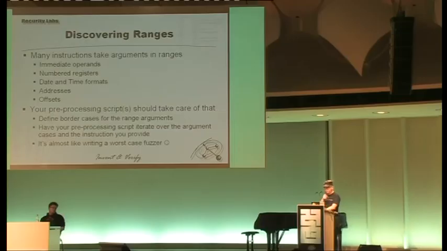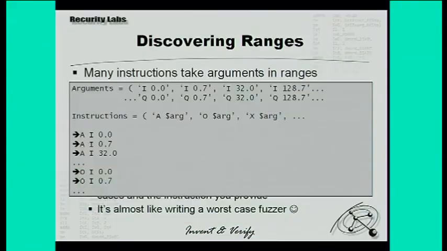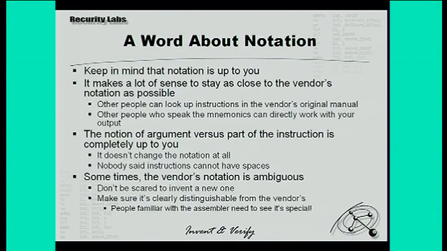So if you ever wrote a fuzzer, it shouldn't be a problem. And then you end up with something like this. So here's a couple of inputs, a couple of outputs. Yes, the output is actually named Q, not O, for absolutely no good reason. So essentially you have the instructions, the arguments, then you combine them together in a script, and then what comes out goes into your assembler.